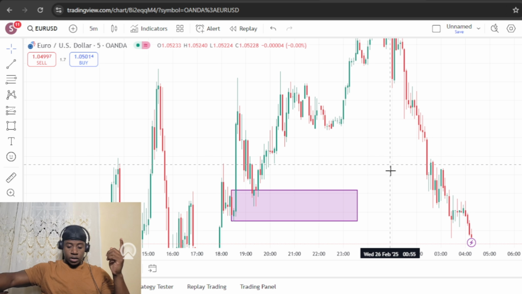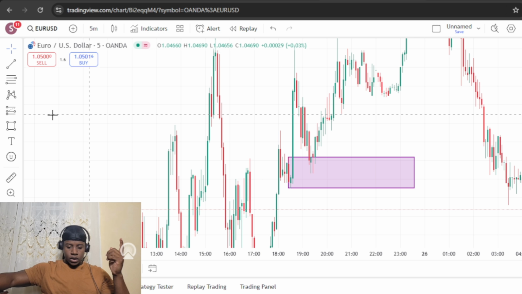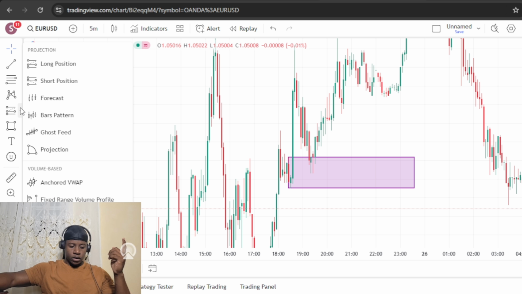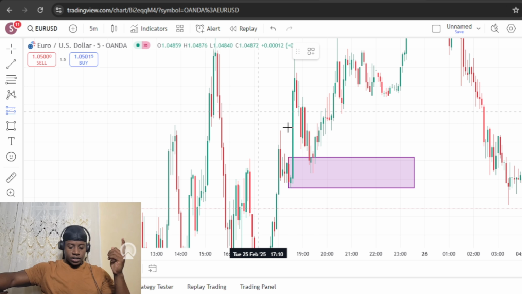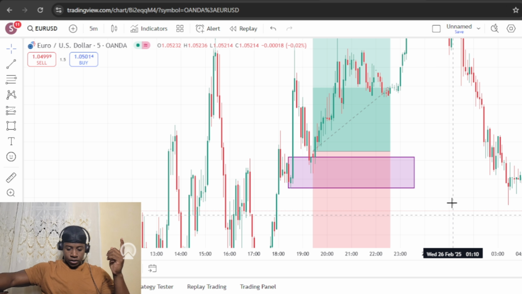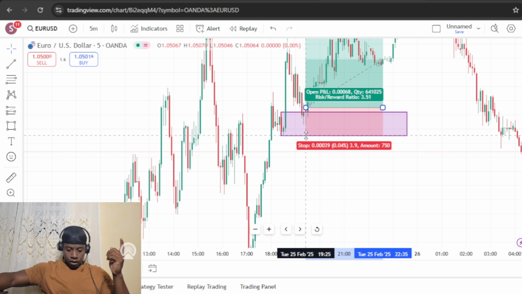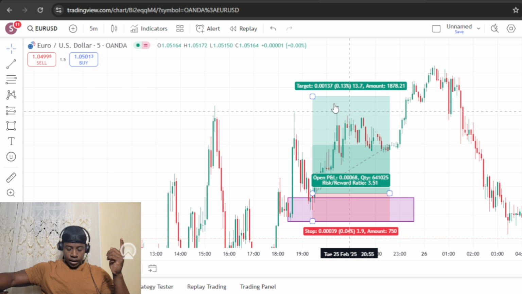Because look at this move right here. I didn't catch the whole thing. I caught a good amount of it. I think I caught like a 2.5. I'm not even gonna lie to you, because I did end up getting out of the trade early. So I entered right here, my stop loss was right here, and my take profit was pretty much around here, I think.